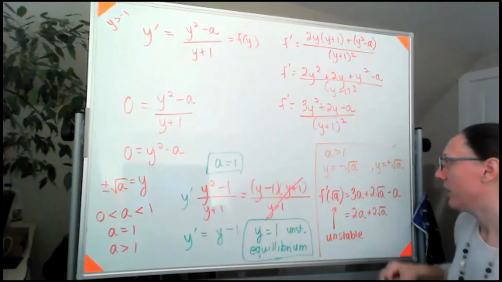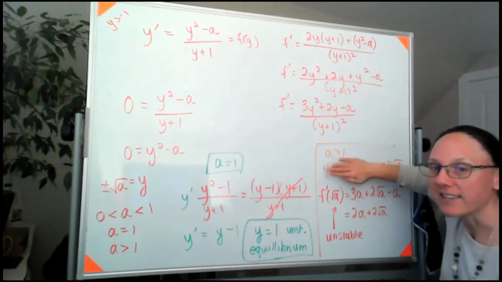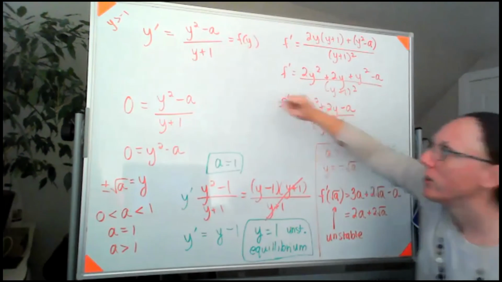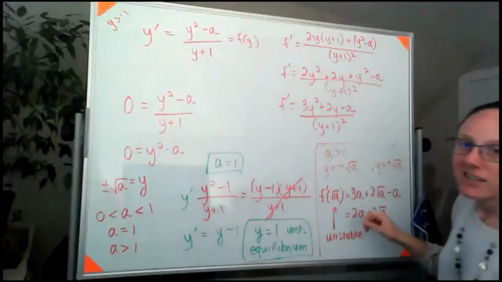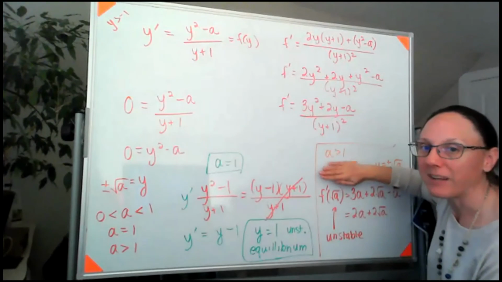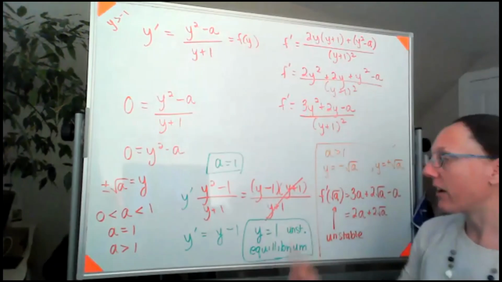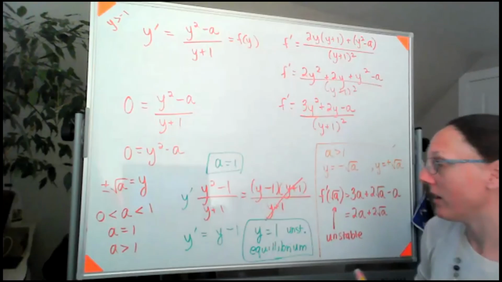Also, if a is bigger than 1, I don't actually have to consider this other equilibrium because we know that we need y to be greater than -1. So if a is bigger than 1, this equilibrium is outside of the domain we were worried about. So we took care of when a equals 1, and we took care of when a is greater than 1.